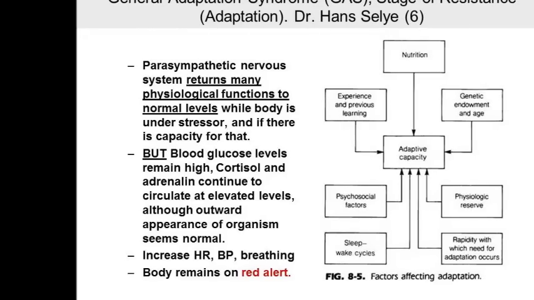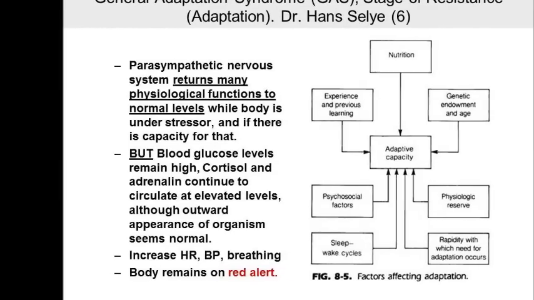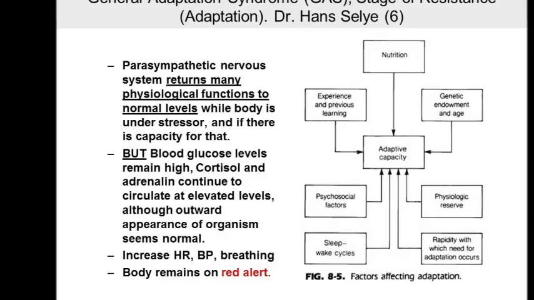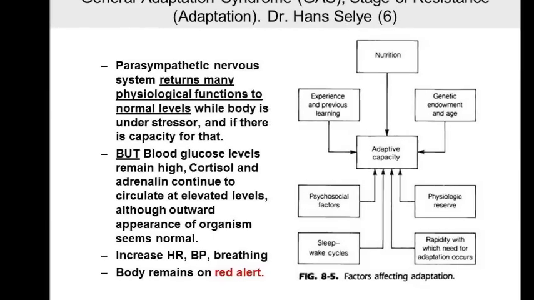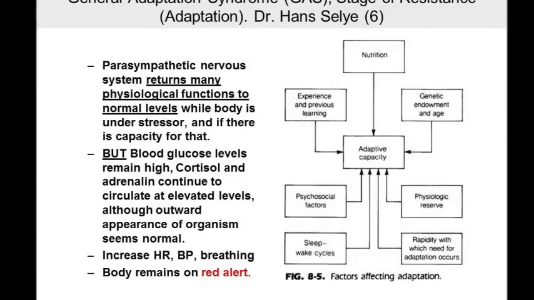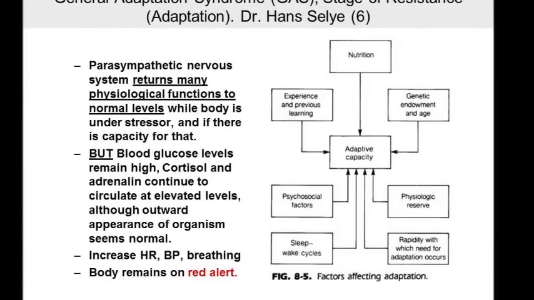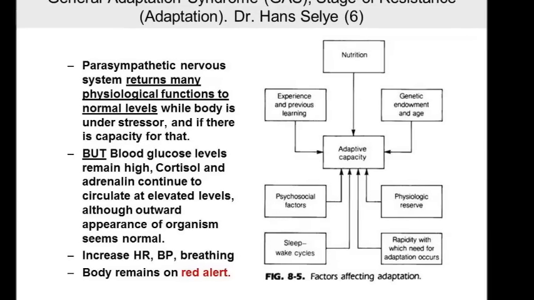The first stage is alarm reaction, when someone can experience temperature, fatigue, decreased heart rate variability, increased heart rate, and headaches, and suddenly it goes.